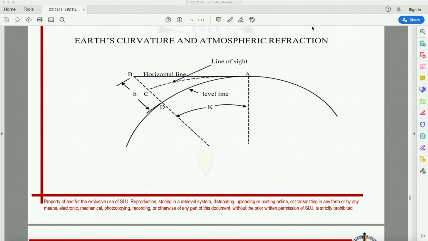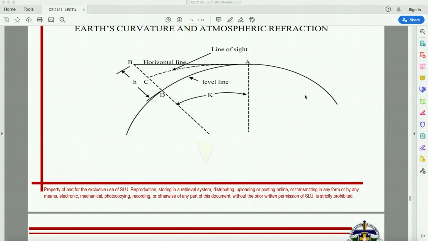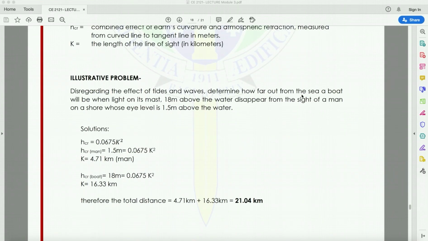If light passes through the Earth's atmosphere in a vertical direction, it will not be bent. But if it is otherwise, if it is not vertical, then it will be bent by the atmospheric pressure. The same goes for our line of sight. It is being bent by the atmospheric pressure.